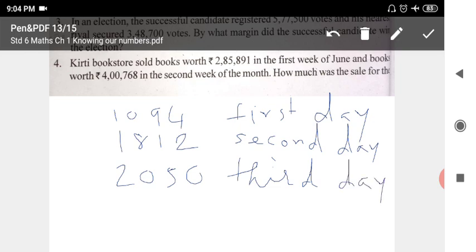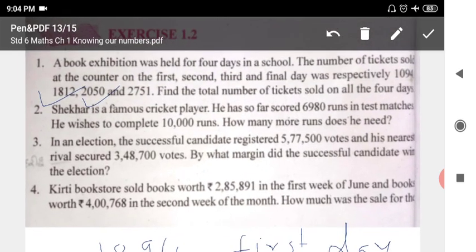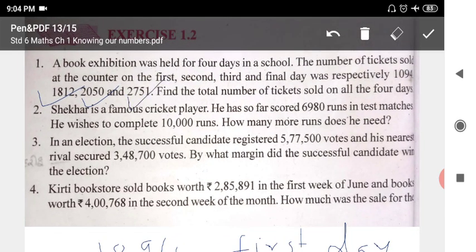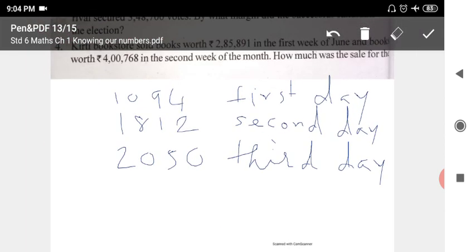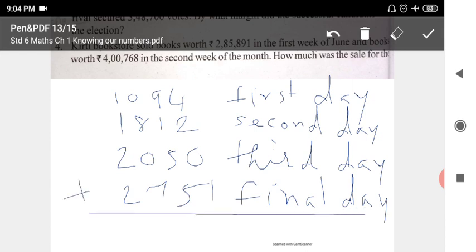Now let us see how many tickets were sold on the last day. That is 2751 on the last, meaning final day. So these were the numbers of tickets sold on different days. So we want to find the total, so we will do the addition of all and we will get the answer.